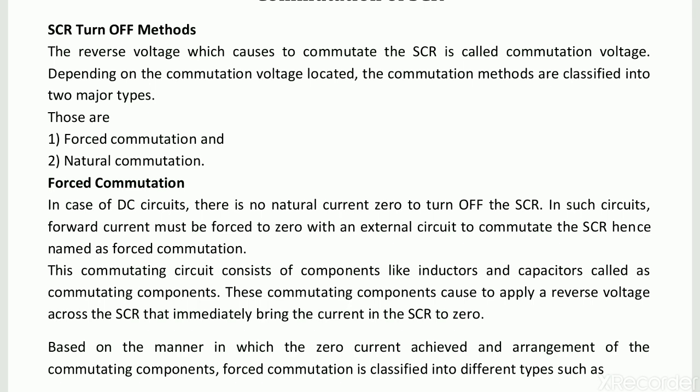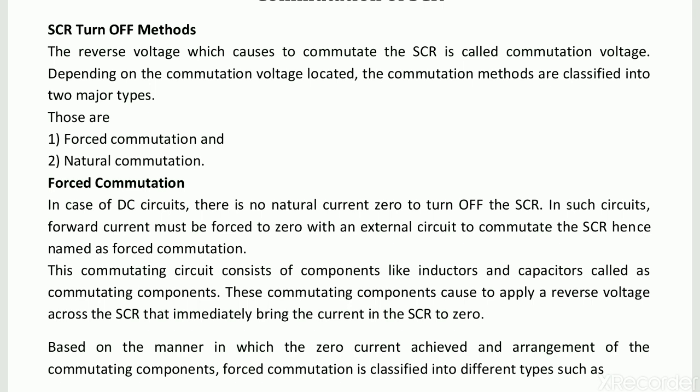This commutating circuit consists of components like inductors and capacitors. Those components are also called commutating components. These commutating components cause a reverse voltage to be applied across the SCR that immediately brings the current in the SCR to zero.